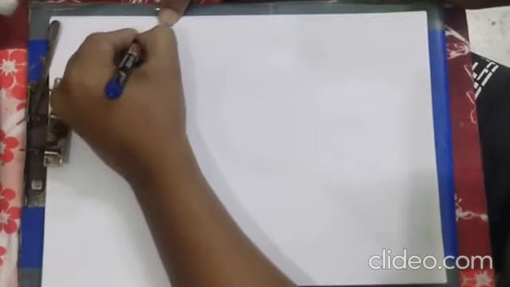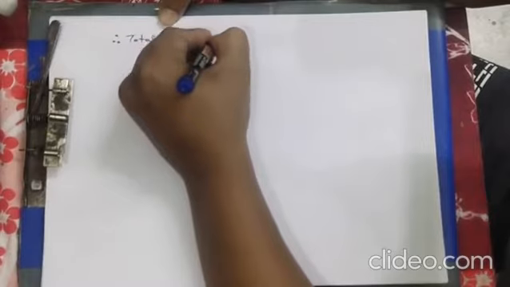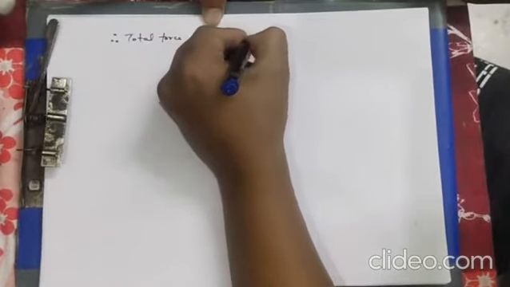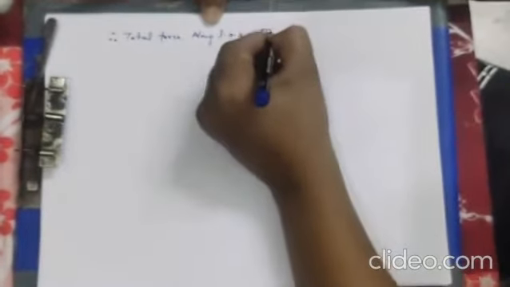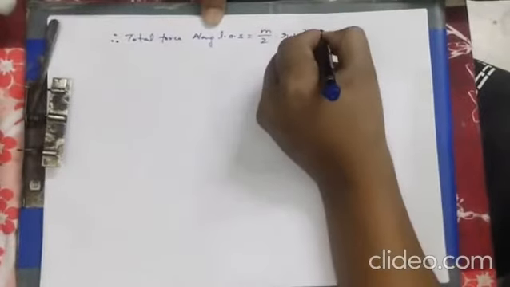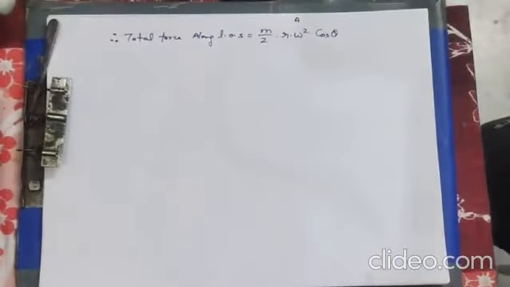Thus the total force along the line of stroke will be how much? It will be m by 2 r omega square cos theta because of this A. Yes, I think it is visible.